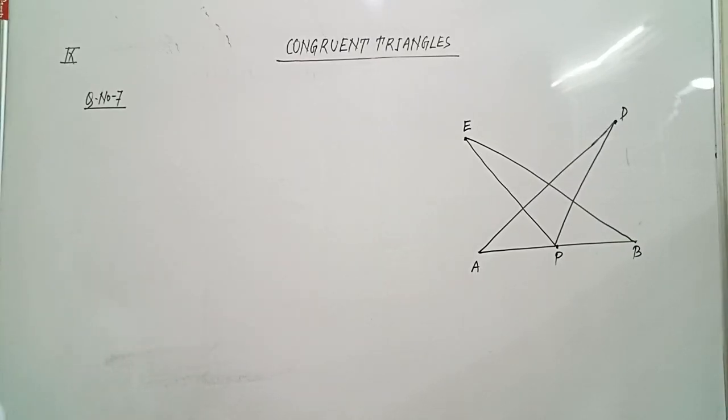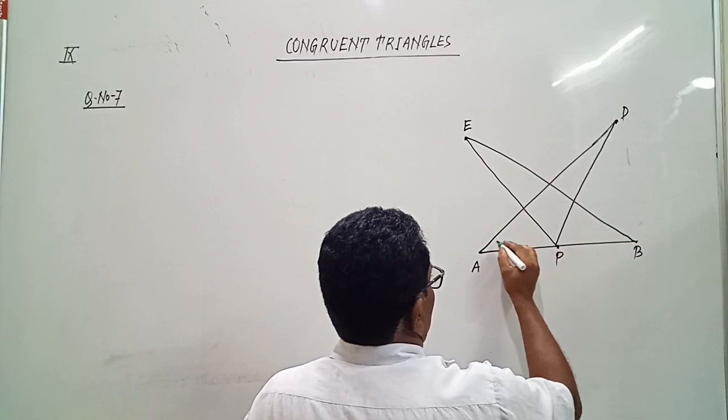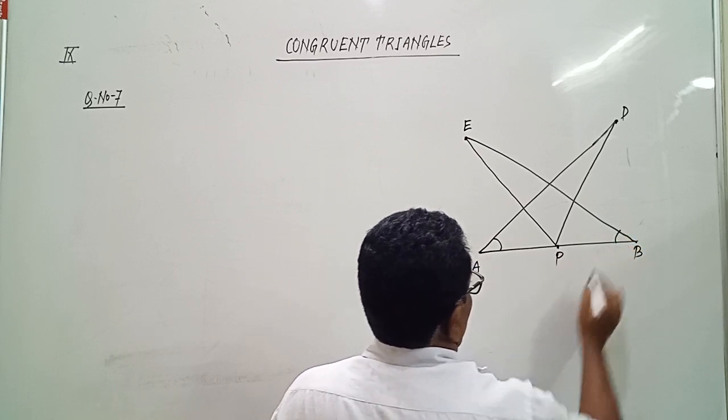So P is the midpoint of AB, and D and E are points on the same side of AB, and angle BAD equals angle ABE.